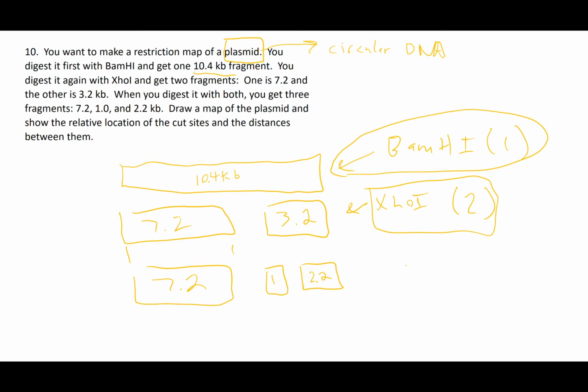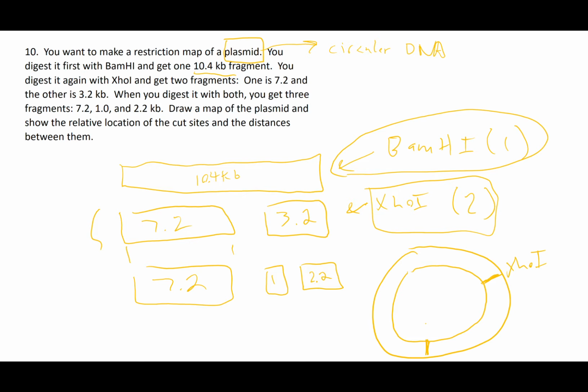So let's start trying to make a plasmid now. I'm going to start by making the parts that give me these two pieces, that give me my biggest fragment. So basically, I'm going to put two of our XhoI sites here and here.